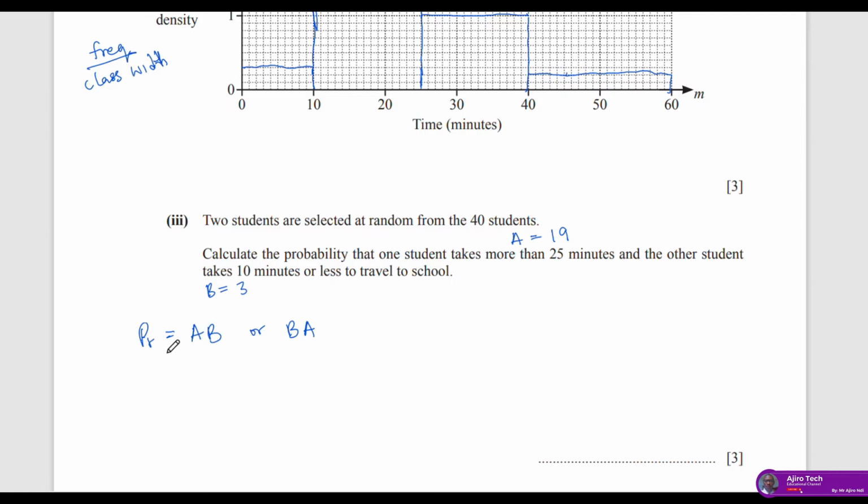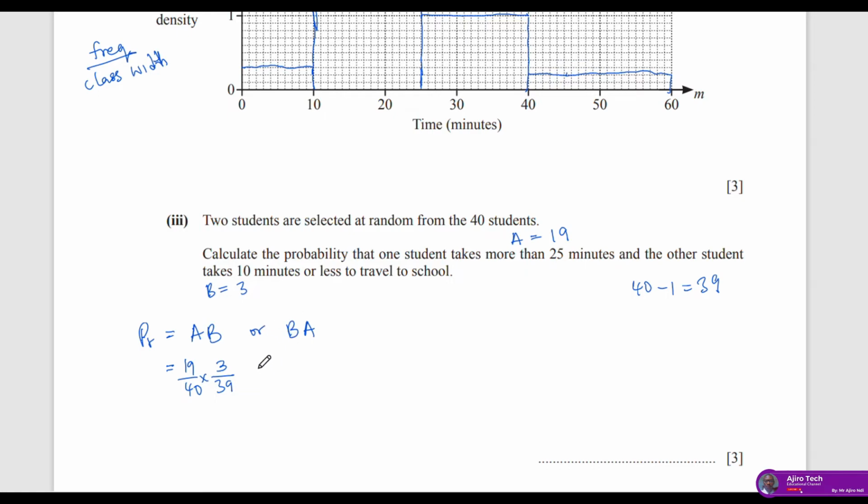So how do you get A and then B? A is 19 out of 40 students. So 19 over 40 multiplied by B, which is 3 out of how many? Not 40. You have taken 1, so it will be 40 minus 1, which is 39. So this should be the remaining out of 39 students.